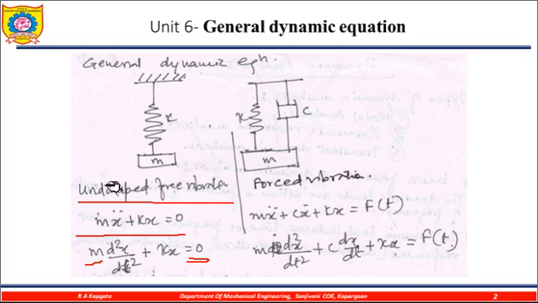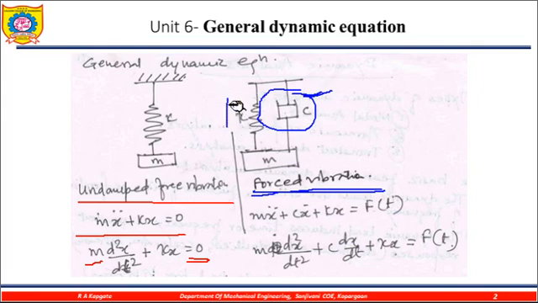Now the second term, that is the forced vibration. What is meant by forced vibration? Again there is a spring, there is a mass, but a damper is used. Because of this damper, we are restricting the vibration, and because of this restriction there is a change in the natural frequency.